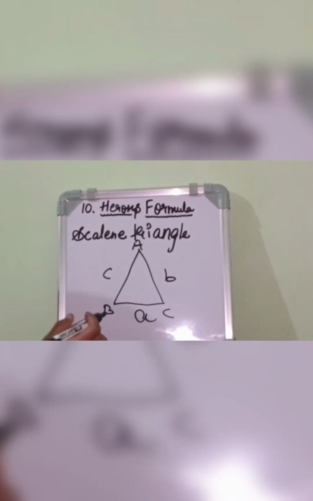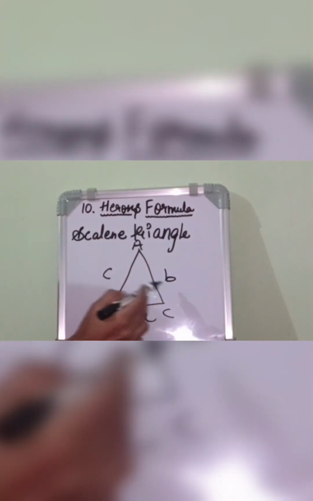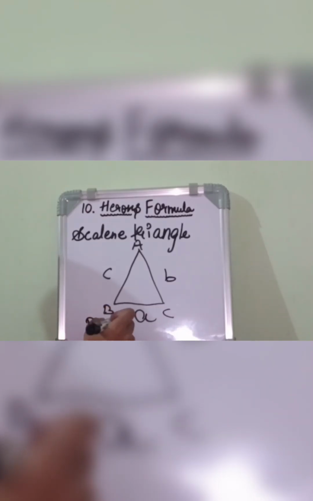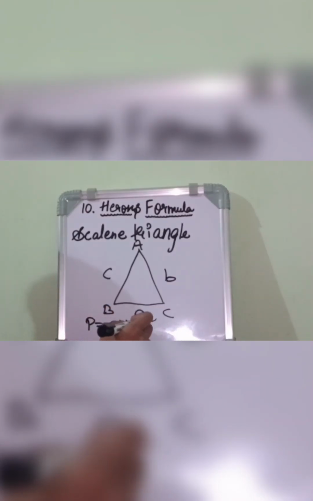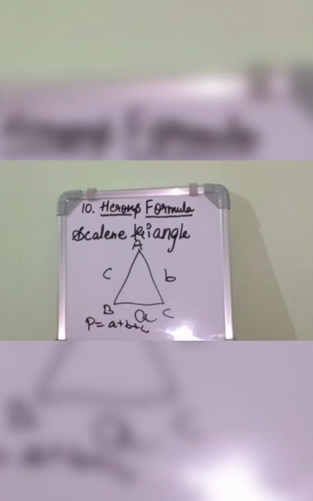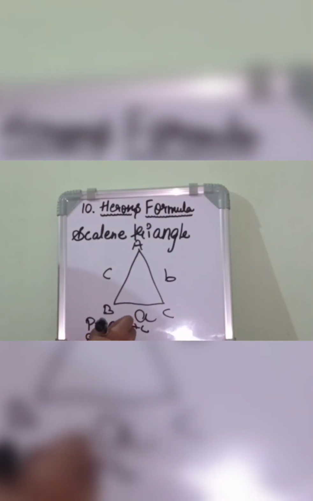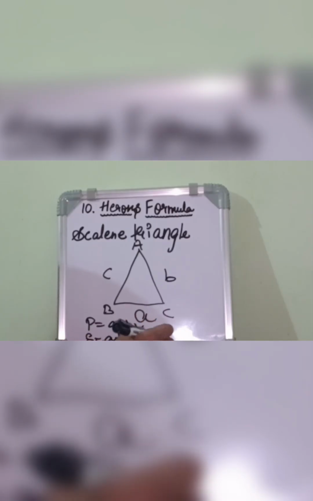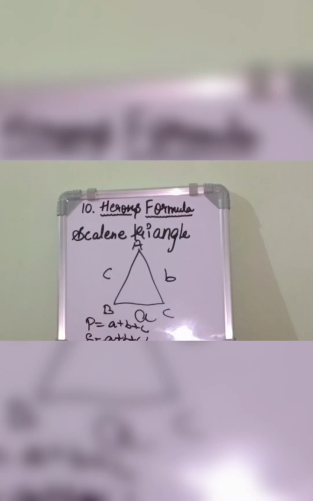Semi-perimeter is equal to a plus b plus c by 2, which means half of the perimeter. It is usually denoted by the letter S, and for perimeter it is the letter P.